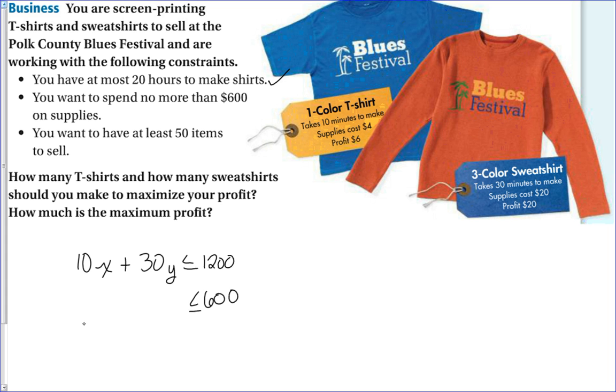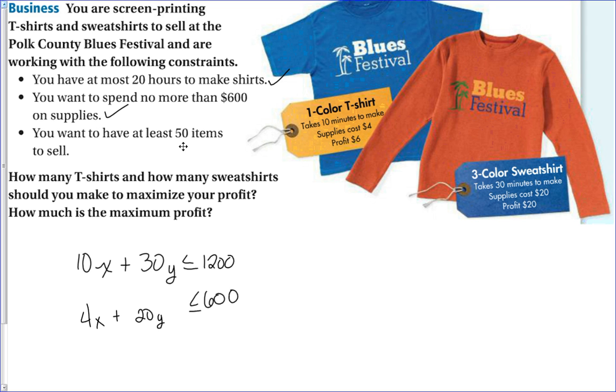T-shirts cost $4 to make, so 4x, plus sweatshirts cost $20 to make, so 20y. So $4 times a t-shirt plus $20 times a sweatshirt will need to be less than or equal to $600. All right, so we got that one.